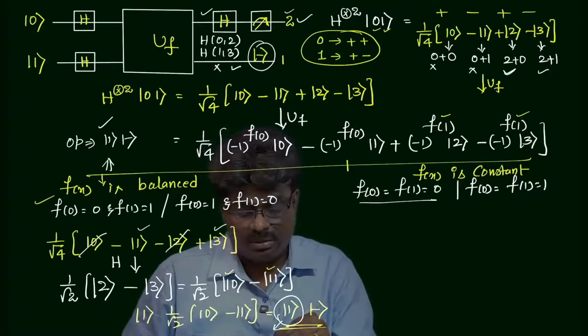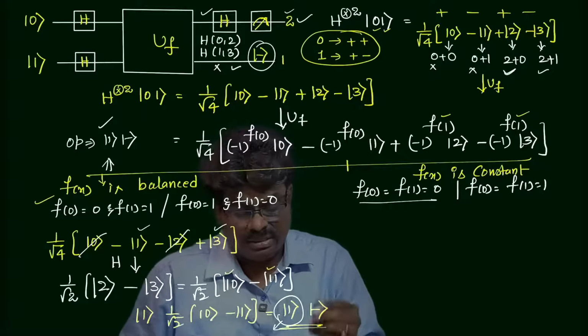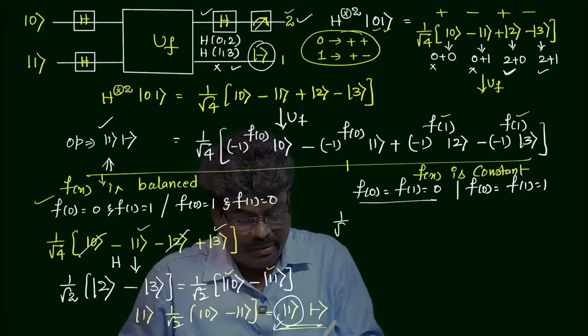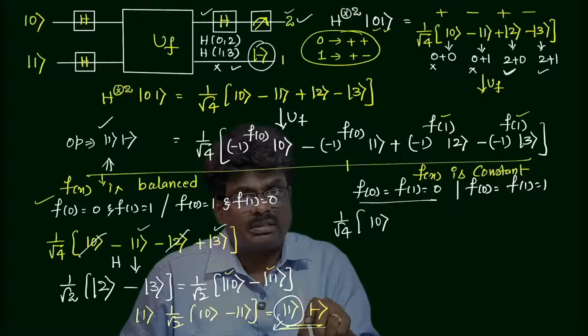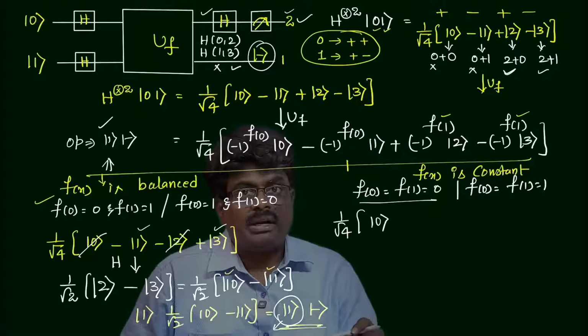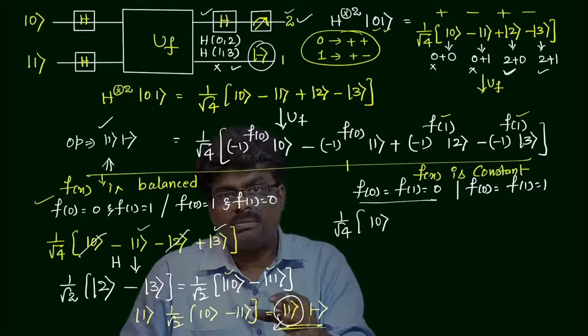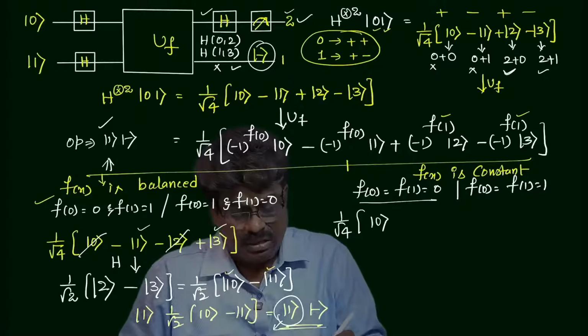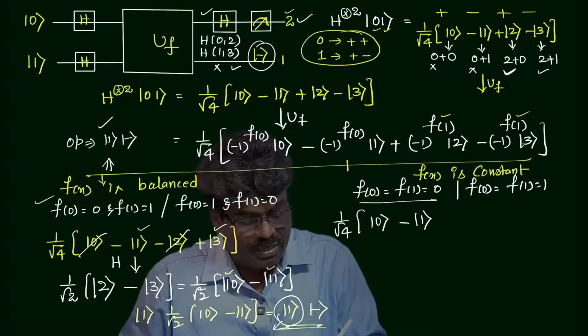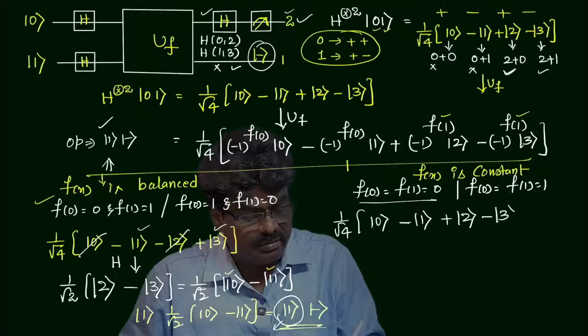Minus 1 whole power 0, no change. So that's why this is finally 1 over root 4. Please remember this word, no change. So f of x is a constant, you need not operate anything. That means the oracle is simply an identity operation. 0 minus 1 plus 2 minus 3.